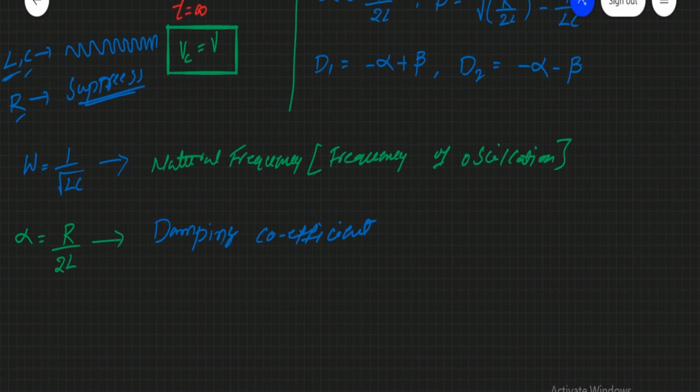And alpha by omega is called zeta, which is R by 2 into under root of L by C. This is called the damping factor.